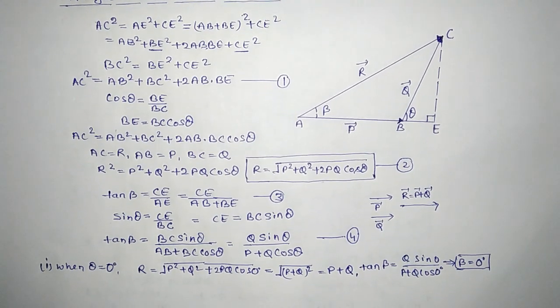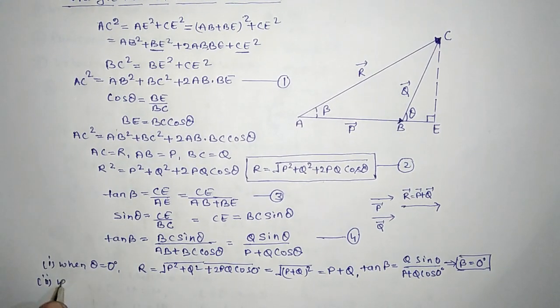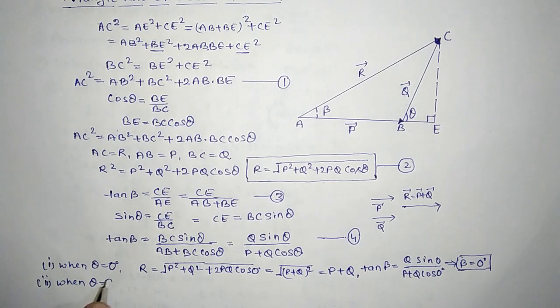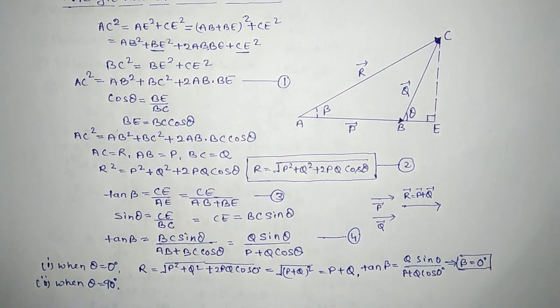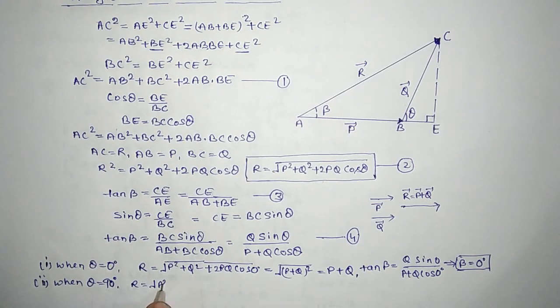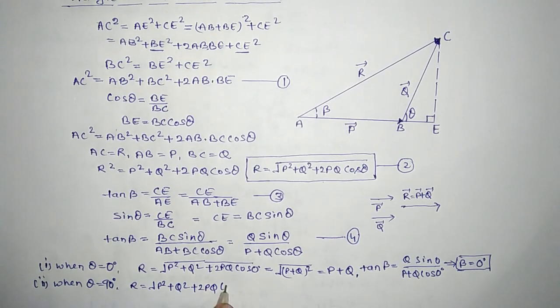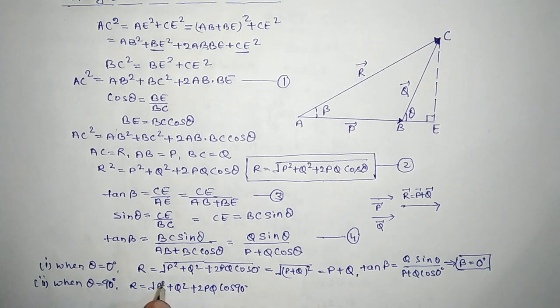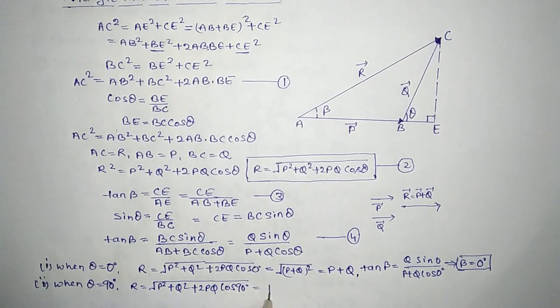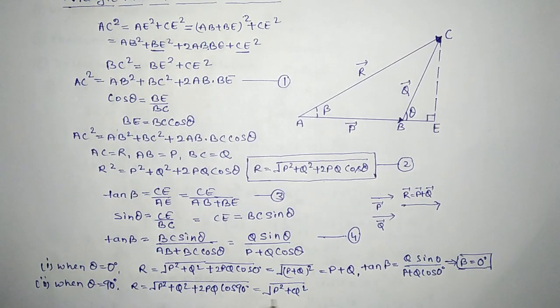Now coming to the second situation, when theta is equal to 90. This means when the two vectors act at right angle to each other, then R will be equal to under root P square plus Q square plus 2PQ cos 90, or we will get under root P square plus Q square.